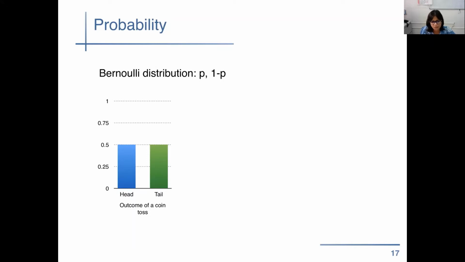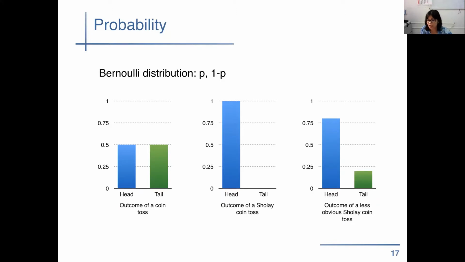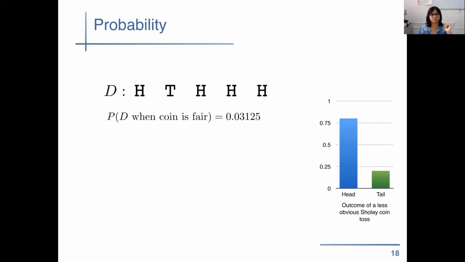We're saying that the probability of the coin giving a head is P, which means that the probability that a tail comes up is 1 minus P. In a fair coin, it's half and half, equal. In a Sholay coin, it's 1 for head and 0 for tail. And if you have a slightly biased coin, your probabilities might look like this. So now you have a model, which is a coin with a probability P of getting a head when you toss it.